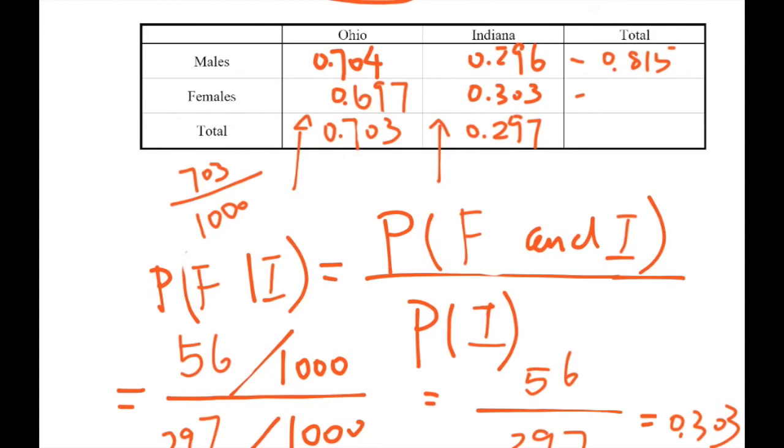And this box here is the probability of a person being female, which is 0.185. And finally, like I said earlier, the very last box is always 1. Okay? So this is how you complete this two-way table using actual probabilities.